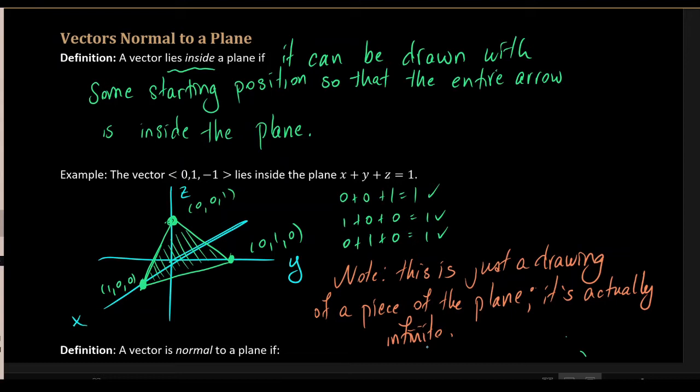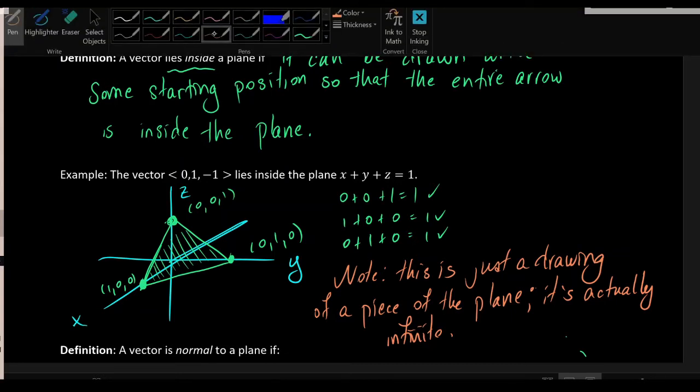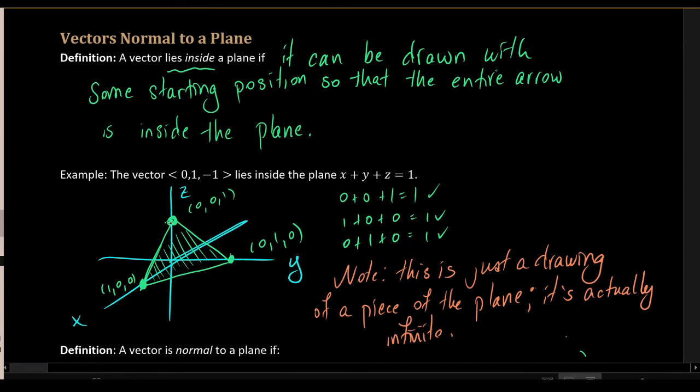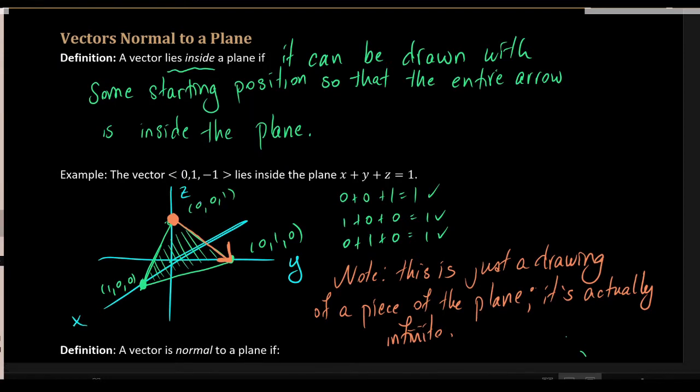But if I grabbed the vector starting from the point at the positive z-axis, if I drew the vector with this initial point and then increased my y by 1 unit and decreased my z by 1 unit, then that vector would travel along this line segment on the plane from 0, 0, 1 to 0, 1, 0.